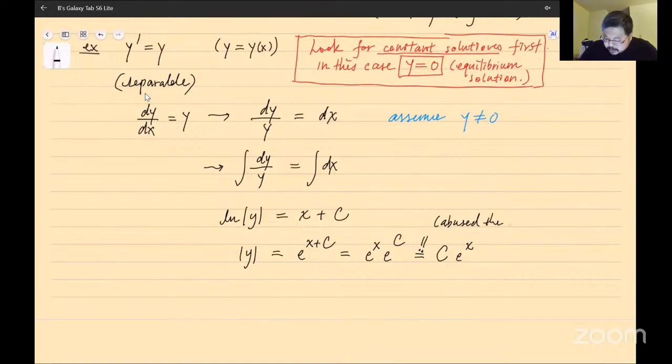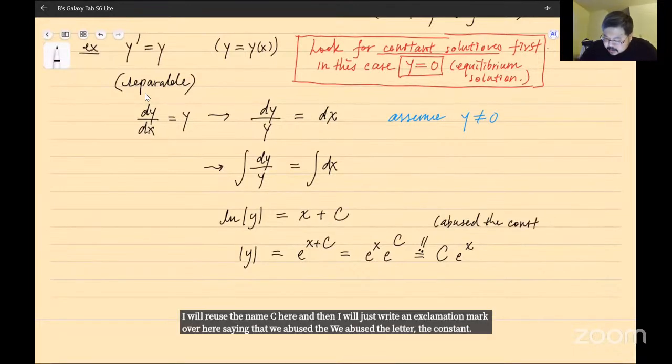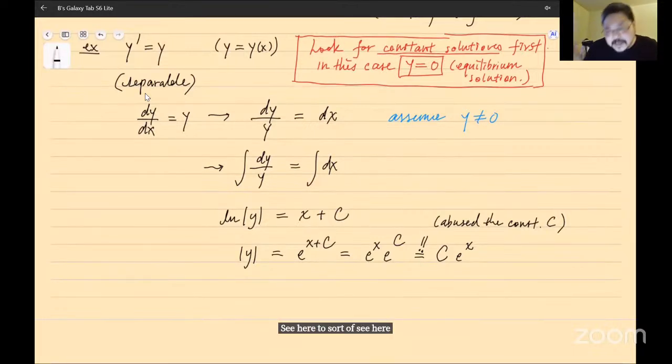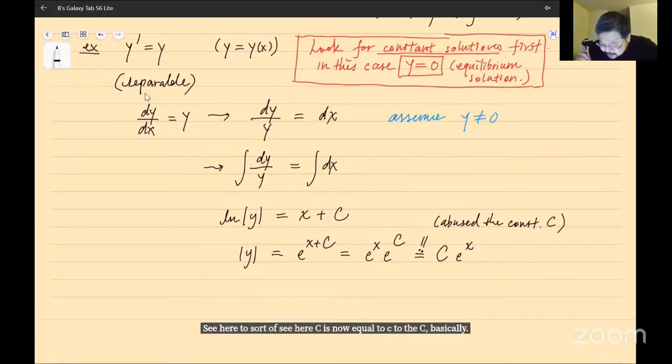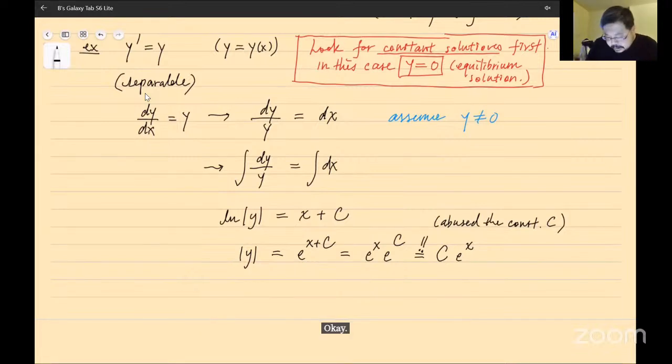We abuse the letter C here, C is now equal to e to the c, basically. Realistically, it's just another constant, so it doesn't matter what we call it. We can just recycle the name. This is typically a bad thing, but here it's okay.